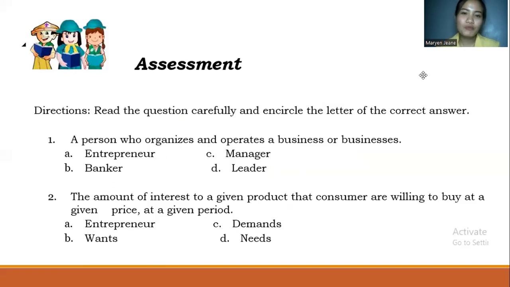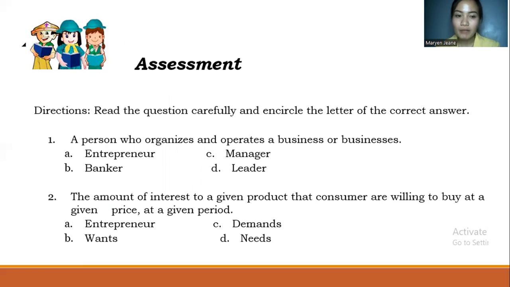And now let's move on to our assessment. Please answer this very carefully. The direction says, read the question carefully and again encircle the letter of the correct answer. I will just read it for you. Number 1, a person who organizes and operates a business or businesses.